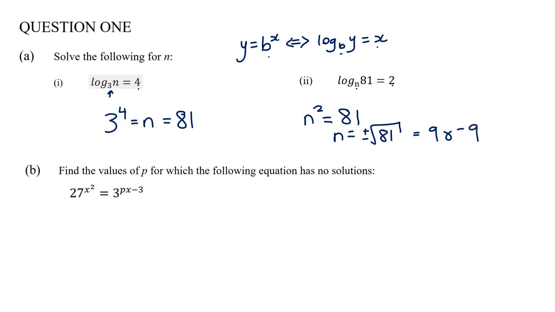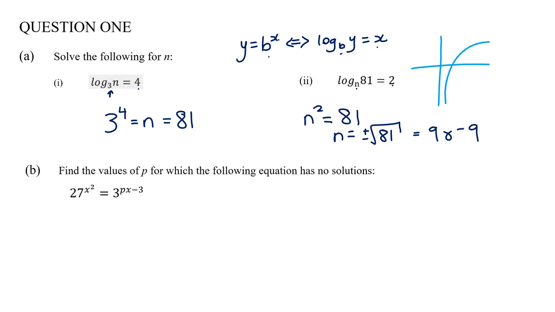You happy with that? Problem is, can you guys take the log of a negative number? Now, if you remember back to our graphs, the graphs we had for logs looked like that.